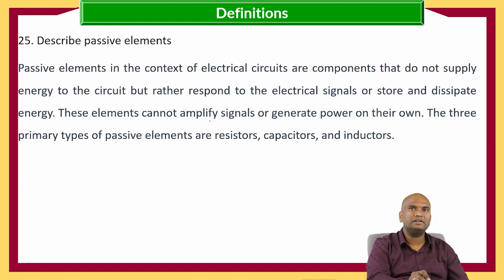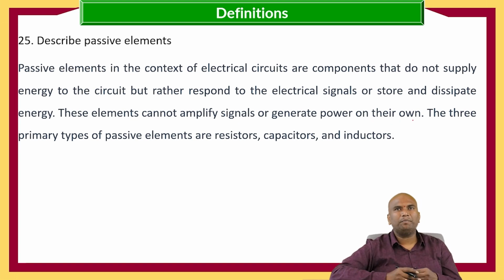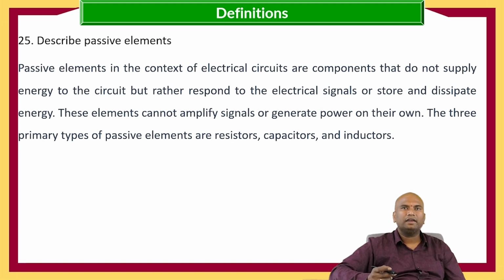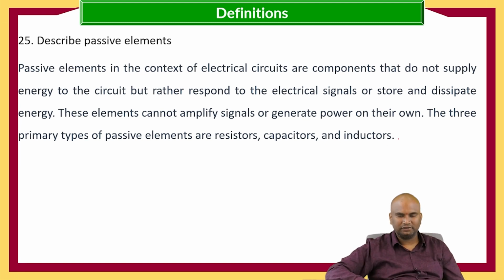And these elements cannot amplify signals or generate power on their own. The passive elements are the elements which are going to absorb the energy from the active elements. These are not going to generate any power inside it. The three primary passive elements are resistors, capacitors, and inductors.